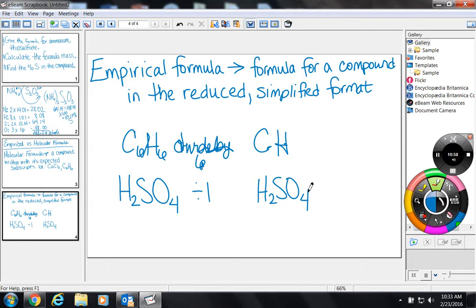If you're trying to reduce it, why wouldn't you just divide by 2 and get HSO2? Because I can't have half an S. Oh. All right? Good question. I can't have a fraction as a subscript. All right? So one option to find empirical formula is called dividing by the greatest common factor.